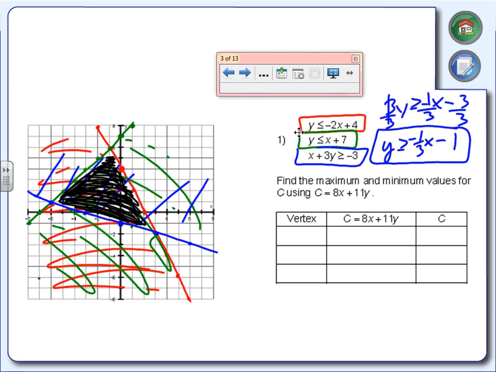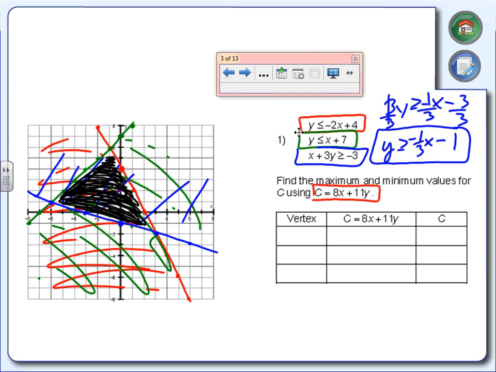If you notice underneath that system of inequalities, it asks us to find the maximum and the minimum values for the function c equals 8x plus 11y. So they added this part right here. Well, in order to find that maximum and minimum value, we're going to have to look at the vertices of this feasible region.